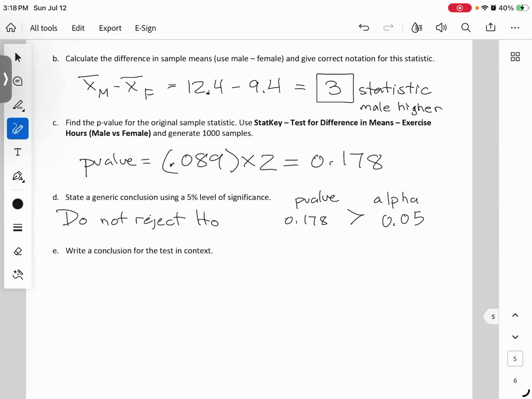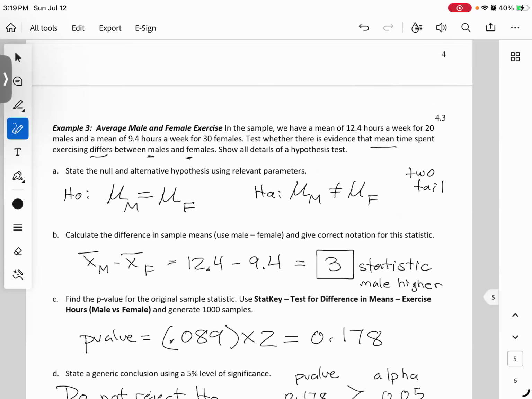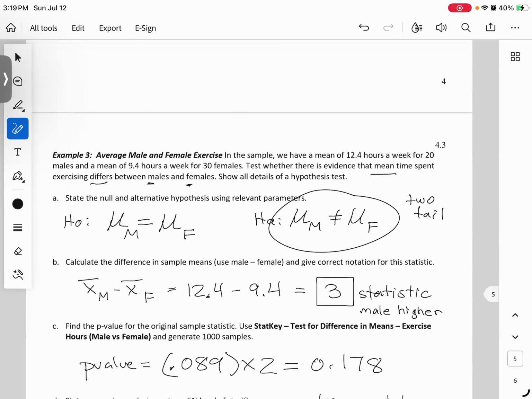And anytime the p-value is really big, this will be our conclusion, our formal generic, or short conclusion. You could put do not reject H0, or you could put fail to reject H0, and say in conclusion, the longer conclusion, there is not enough evidence to support that the average amount of exercise for males differs from the average amount of females.